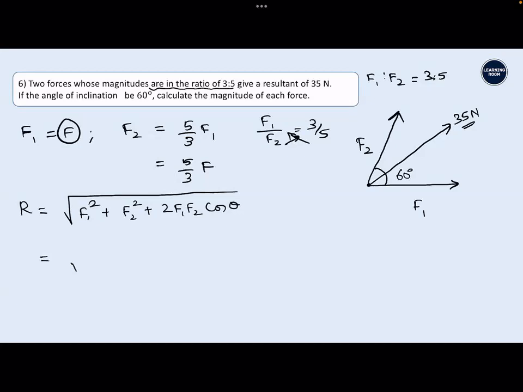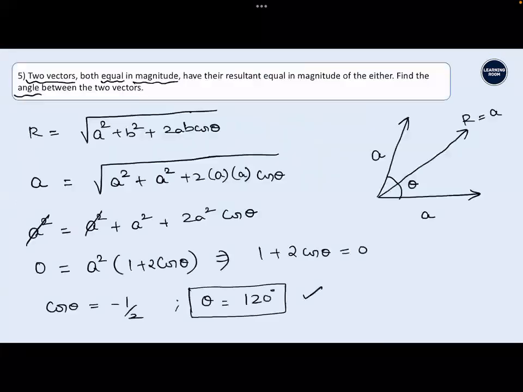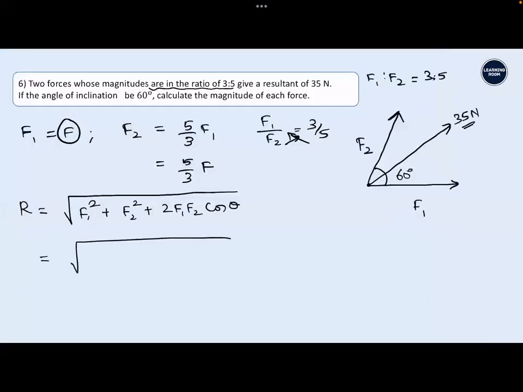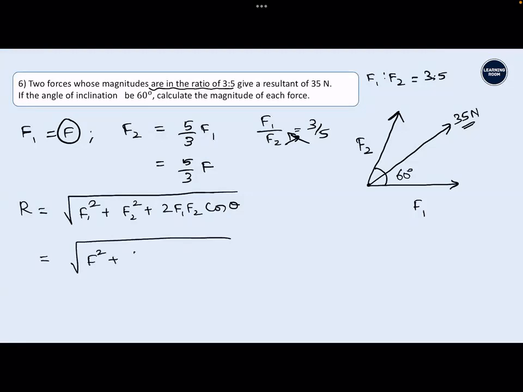So this will be square root of F1 square is F square plus F2 square is 25 by 9 times F square plus 2 into F1 is F into F2 is 5 by 3 times F into cos 60, which is going to give you half. So half and half will get cancelled. And don't forget, on the left hand side, you have the resultant to be 35.